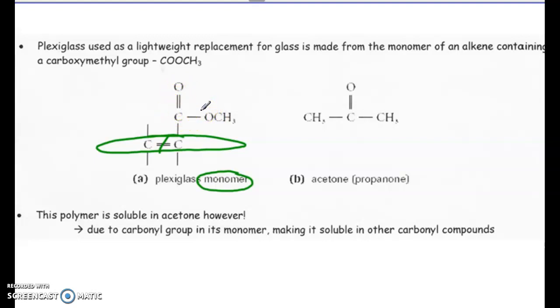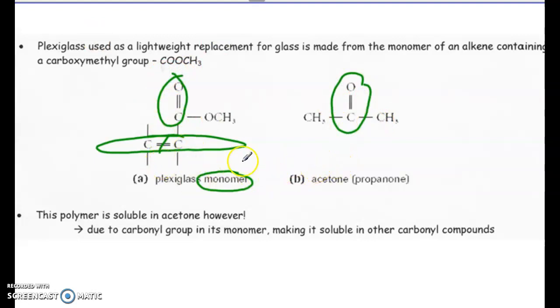So polar items typically attract polar items, of course, but the closer in structure that two molecules are, the more soluble they are with one another. So for example, there's no hydrogen bonding going on here. So that's why plexiglass and water don't really go together very easily, right? But if you were to apply a molecule that has a very similar functional group to it, it actually will have some solubility.